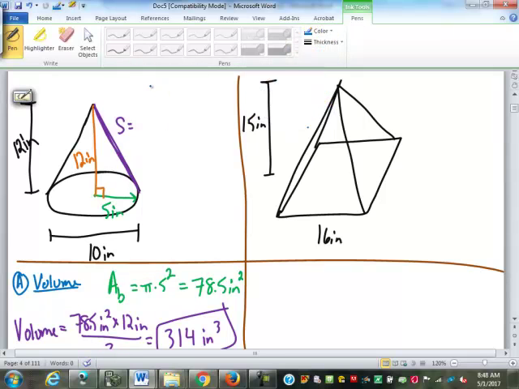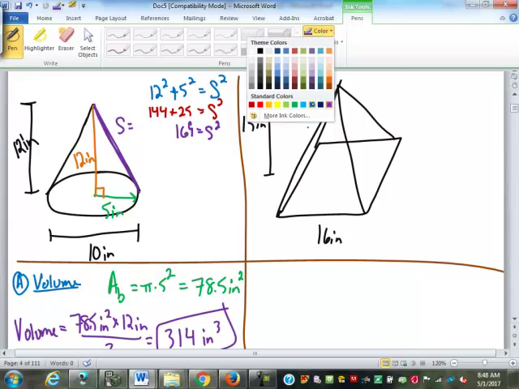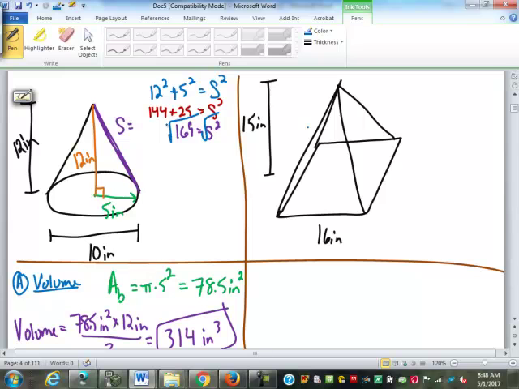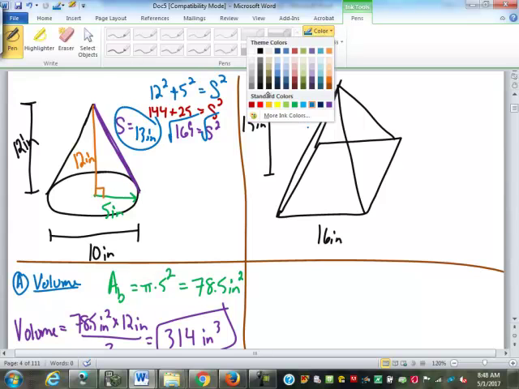So that slant is going to be found by doing 12 squared plus 5 squared equals that slant squared. So 144 plus 25 equals that slant squared. 169 equals the slant squared. Square root. The slant is 13 inches.